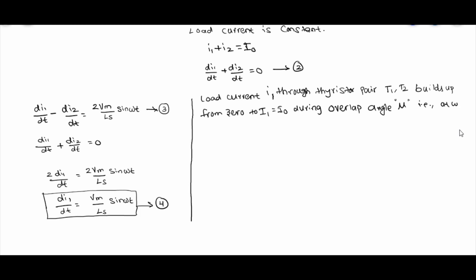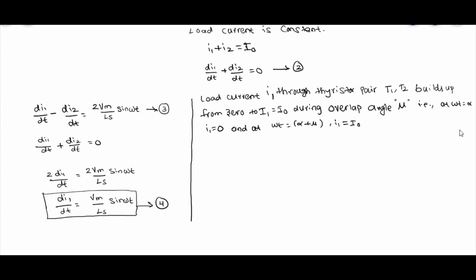At omega t equal to alpha, I1 is obviously 0, because it starts building up from I1 equal to 0 until it reaches alpha plus mu. At omega t equal to alpha plus mu, my I1 will be equal to I0.